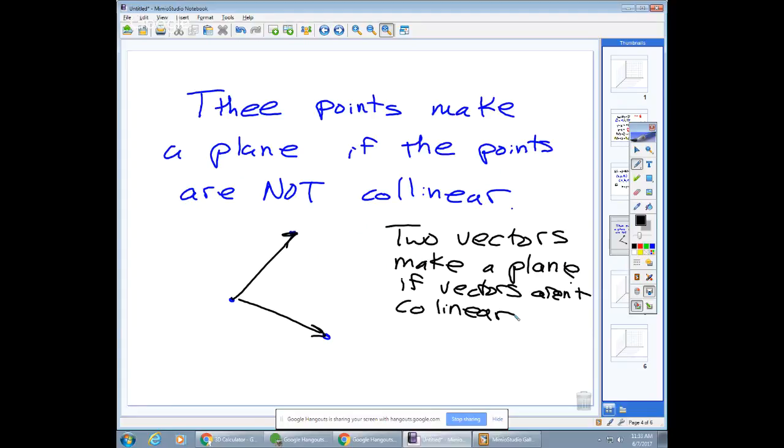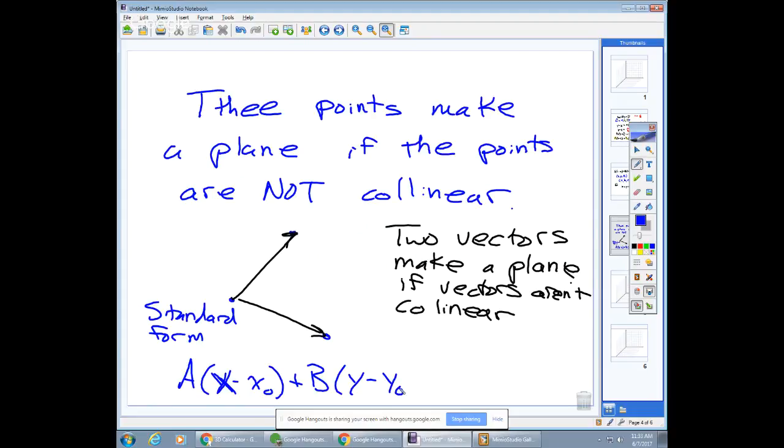And then the other magic thing we have on our side with planes is we have this general formula for a plane. So I'm going to call it the standard form for a plane. So standard form is that A times X minus X0 plus B times Y minus Y0 plus C times Z minus Z0 equals 0.